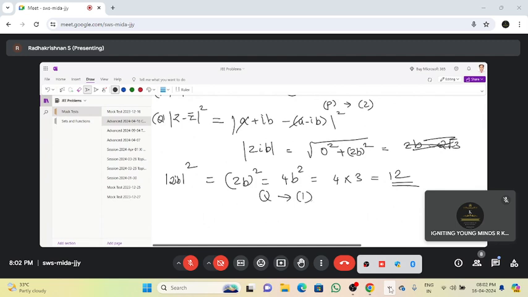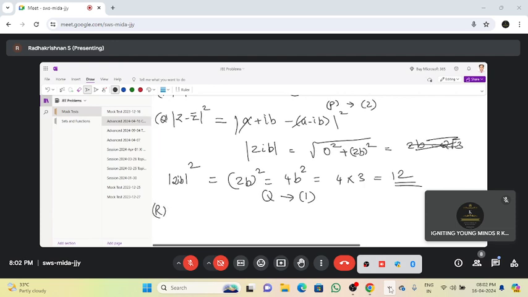What is the third one? PQR. Mod Z square. Okay, so can you work on this? Mod Z square we just now solved, right? The first part we already solved as 2. And what is mod Z plus conjugate Z whole square?